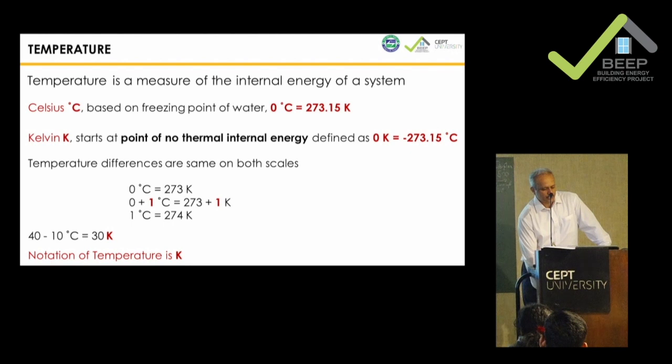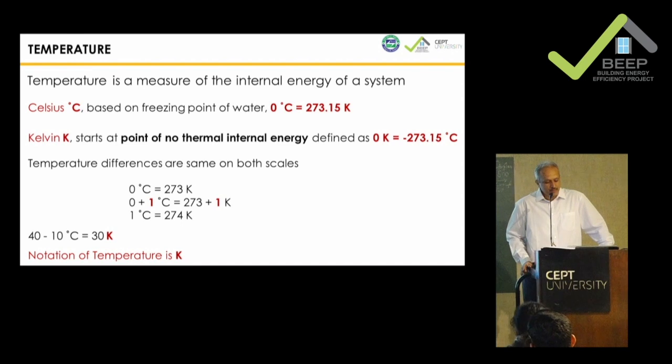If you are referring to Kelvin, at that temperature there is no thermal internal energy, which is minus 273 degrees centigrade, and 0 degrees centigrade means plus 273 degrees Kelvin.